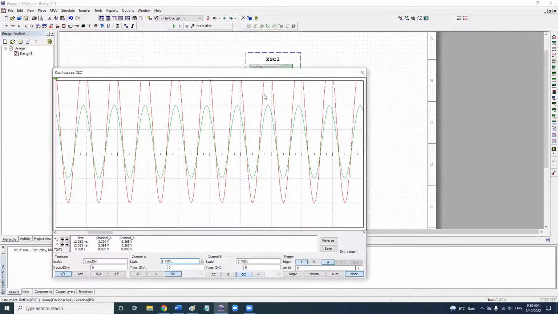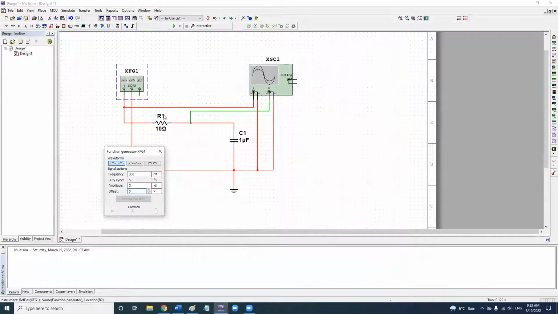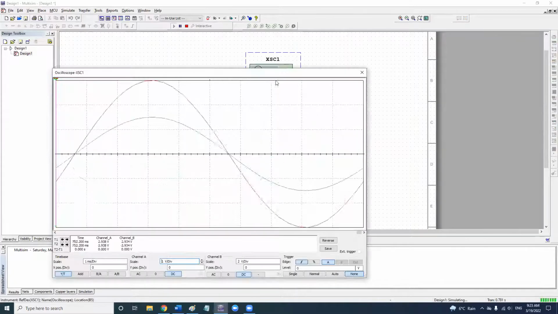So now let's click this up. Remember at 300 hertz, we're using 3 volt peak, and, you know what? Let me reduce to 100 hertz actually. All right, let's do it.